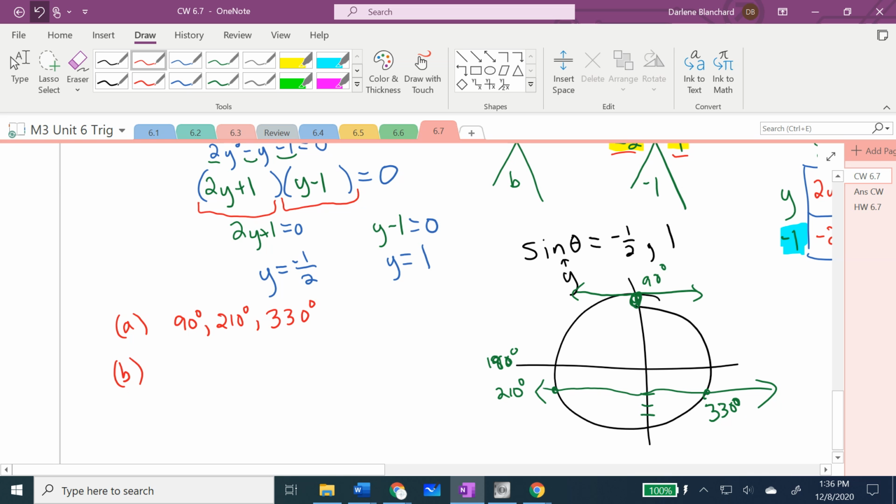If I want to write all possible solutions to that equation, then I can list these and add to each one 360 degrees times any integer n.